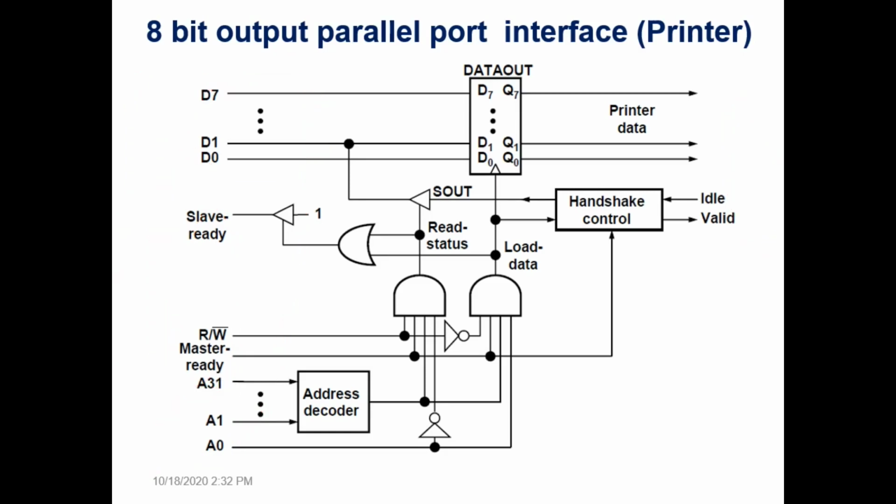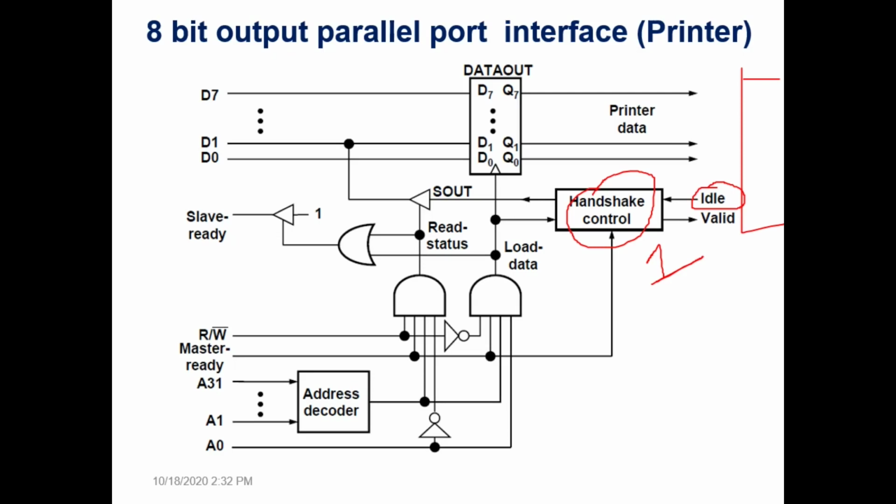Now when the printer is free and has no data to print, it uses the idle signal to inform its interface circuit that it is free. At that time this status flag, the handshake control, is made 1 by the interface circuit. Now the processor does 2 things.